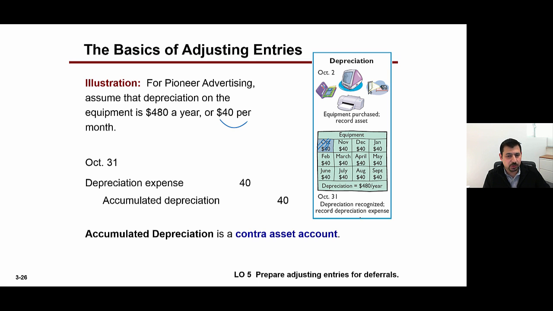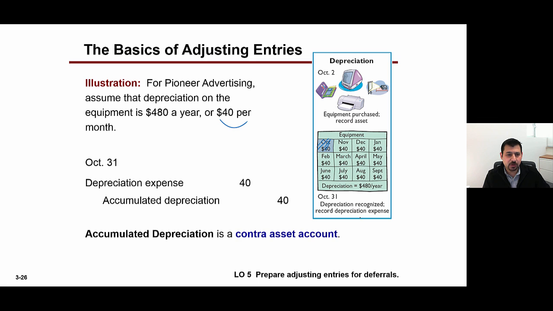So the contra asset will show up immediately after the asset. This enables companies to keep track of the total amount of depreciation taken over the life of the asset.